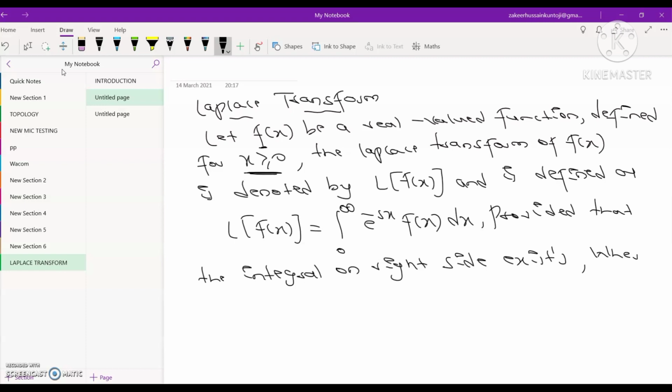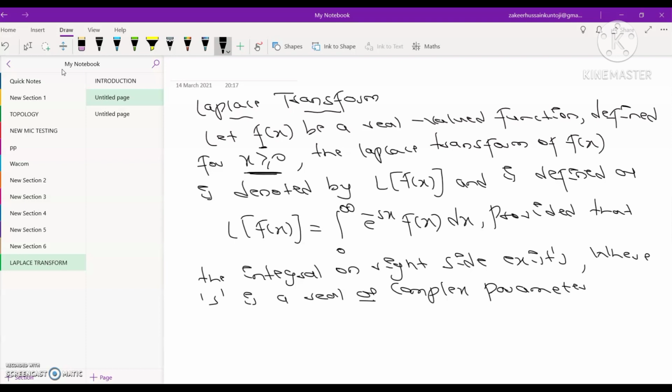Where s is a real or complex parameter. The parameter means it's a variable, the variable whose value changes according to the time.